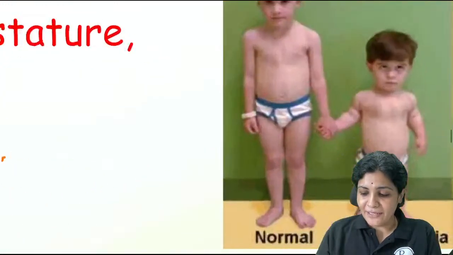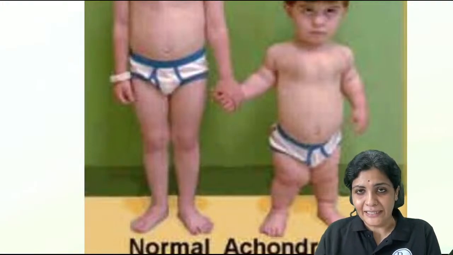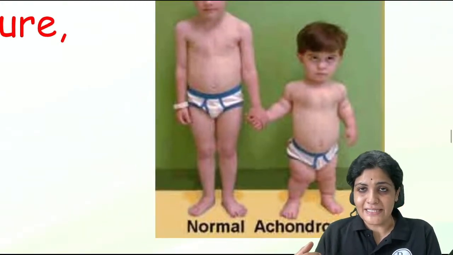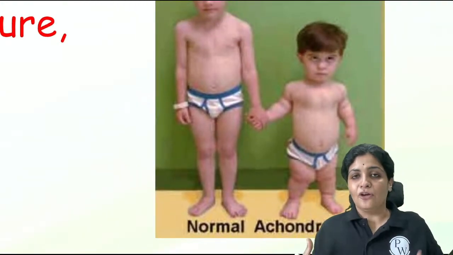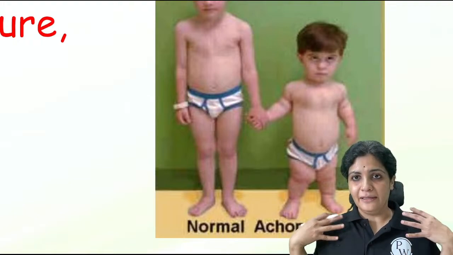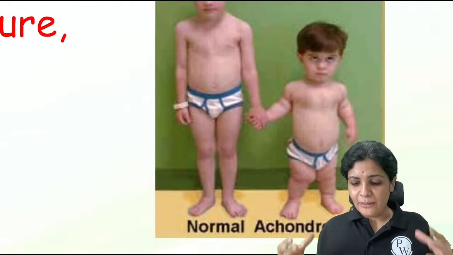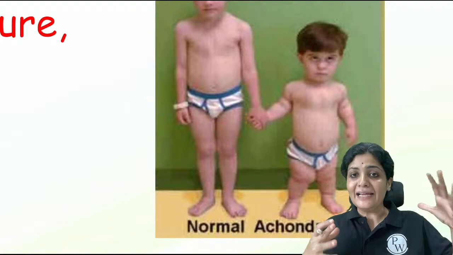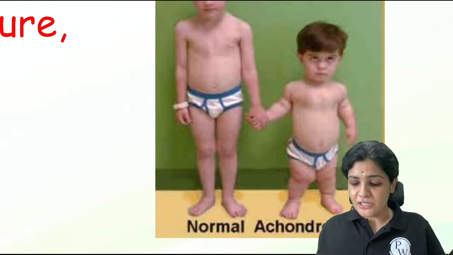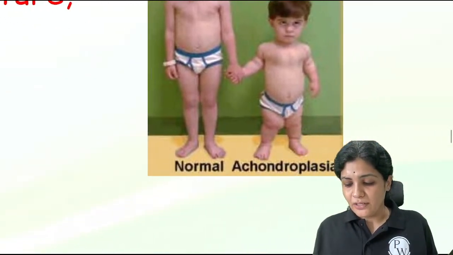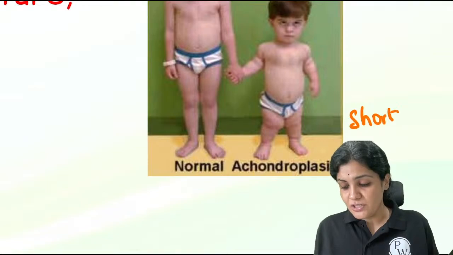Because of that, disproportionate growth is seen. Limbs are short, while your abdomen and the rest of the body are longer. Because of that, the height is not achieved and the patient appears to have short stature.